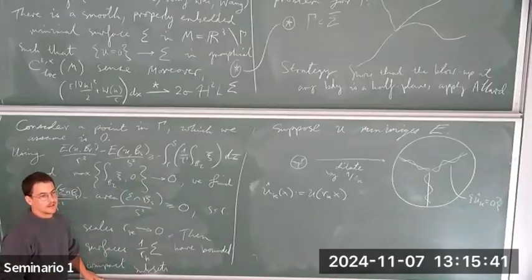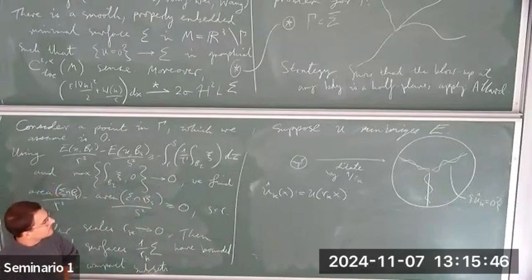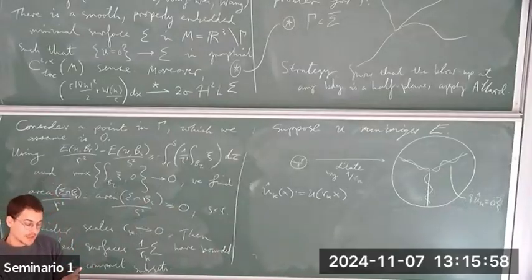Do you have to rescale also in the form, like R to the minus 2? No, I don't think so. Because when you do the Laplacian, you have to do R squared. It won't solve the same equation.